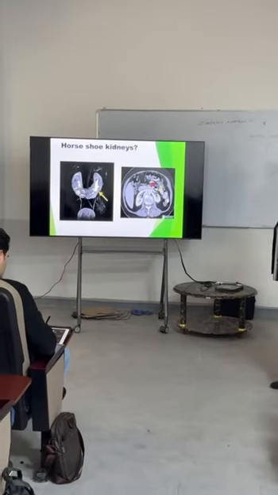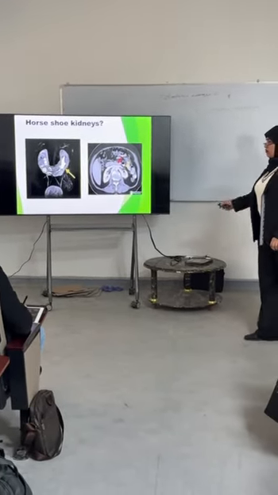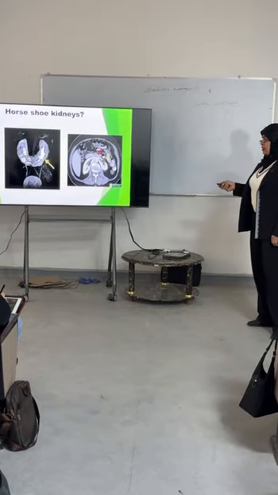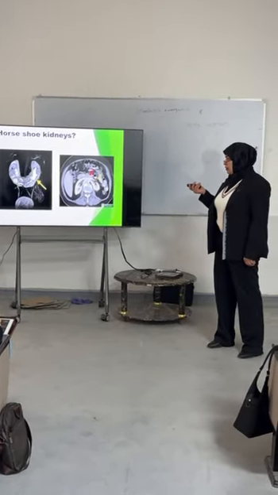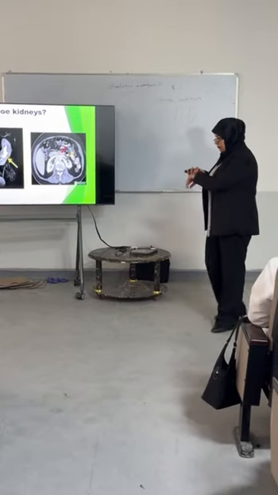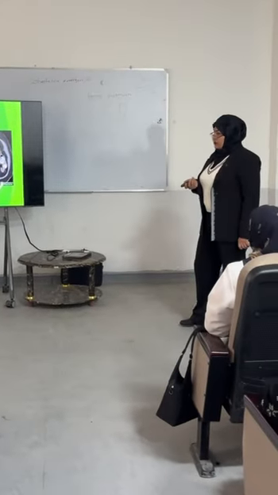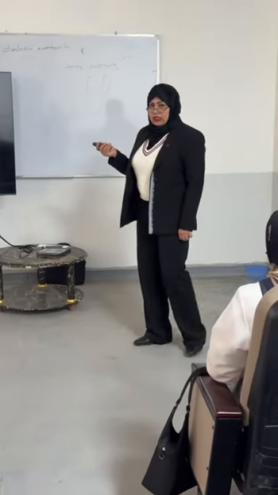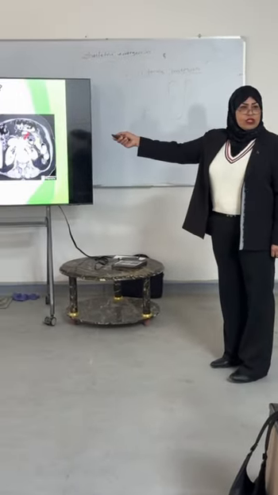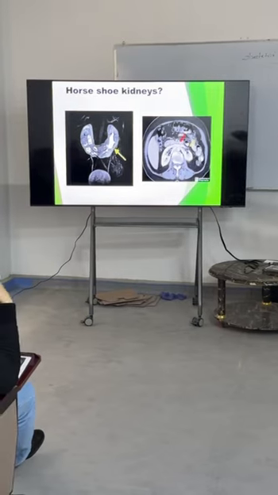Another congenital anomaly, we call it horseshoe kidney. Can you explain or describe it? CT scan. The first one, which section? Coronal.